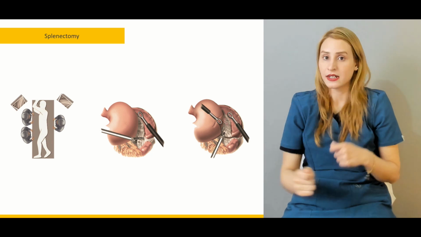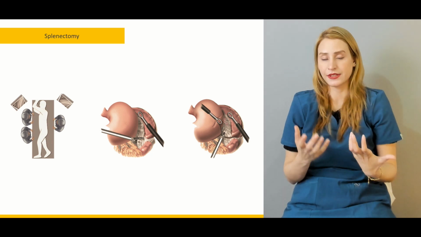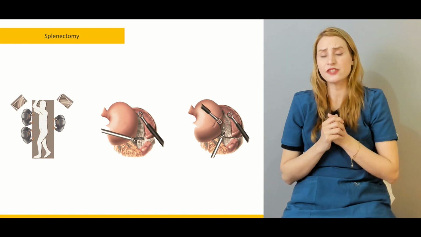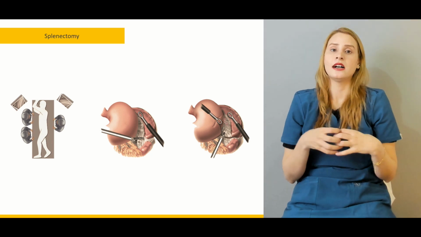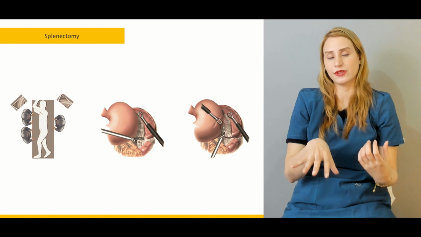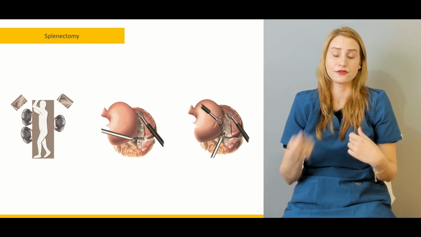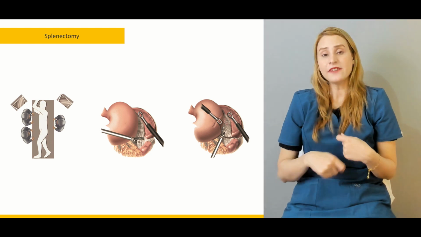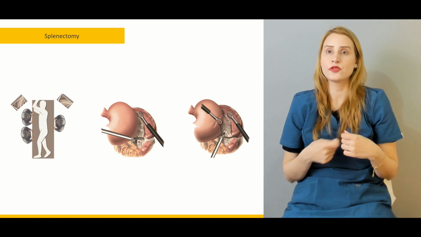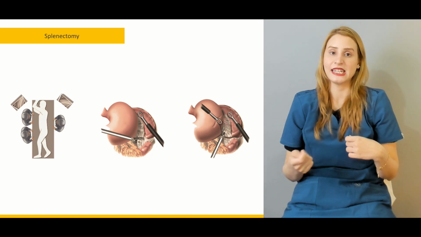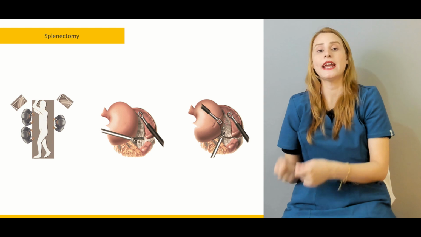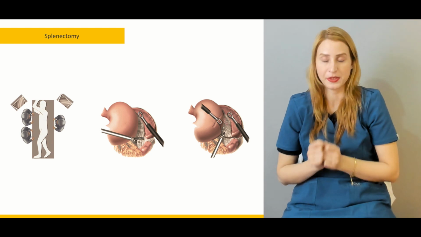Then the splenorenal and gastrosplenic ligaments are divided, and you get to the short gastric arteries and ligate them. After that, the splenic vein is also ligated, doubly sutured and clipped so that hemostasis is secured.